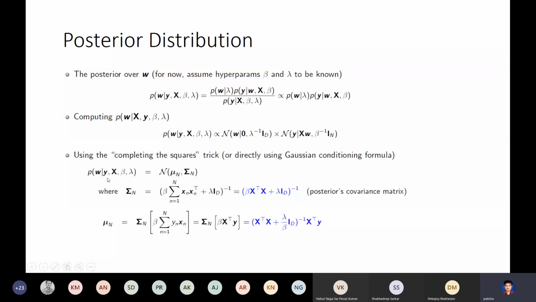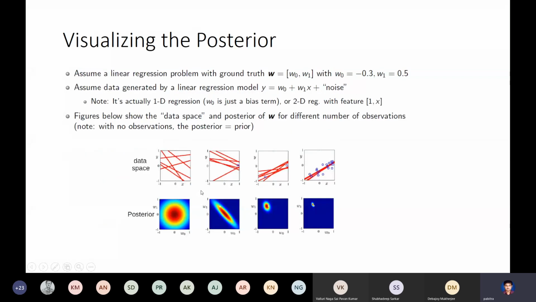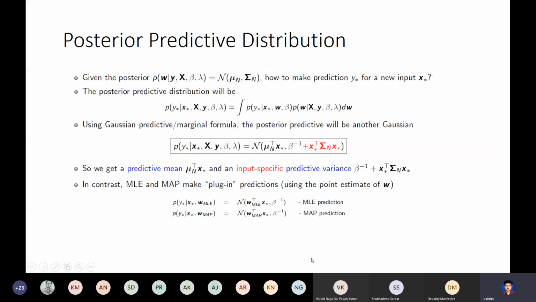The posterior we have already derived to be normal with mu n and sigma n, and the predictive distribution, as we have said, is nothing but the integration of this, where you remove the W from this equation by integrating. Here again I am not doing the algebra. Your PPD will look something like this. It will still be a normal.